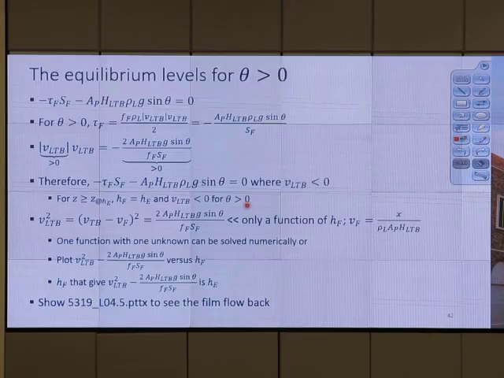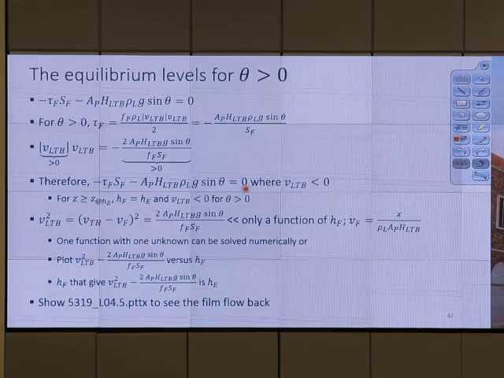Does it make sense for you? Not quite. Okay. We have equilibrium liquid height at a certain distance from the back of the liquid slab. At equilibrium liquid height, the numerator goes to 0.